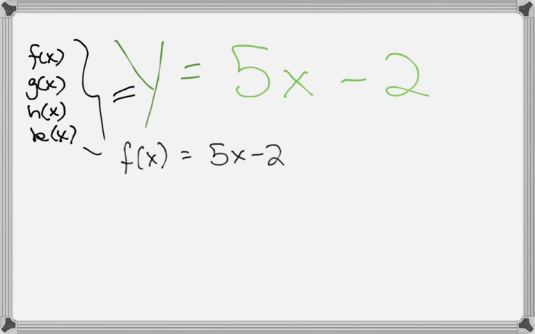As I wrote down here, it does not necessarily have to be f of x, but f stands for function. We can label it g of x, h of x, k of x, a of x, whatever we like to do. And f of x, that's how it is called in math language.